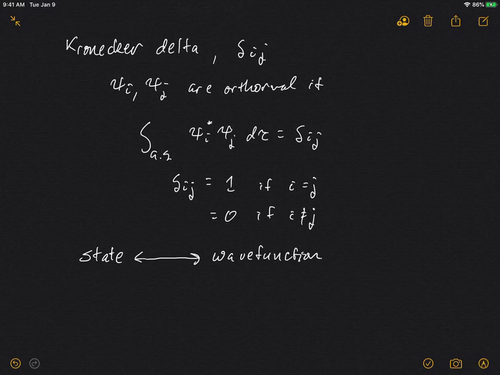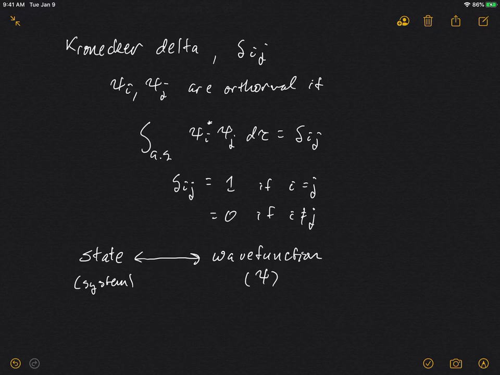And the wave function, in fact, completely defines the state of the system.